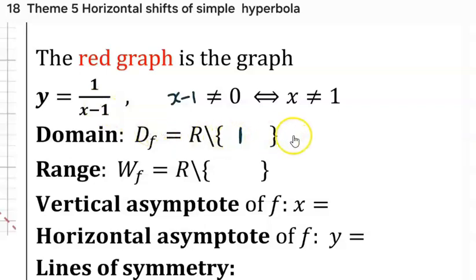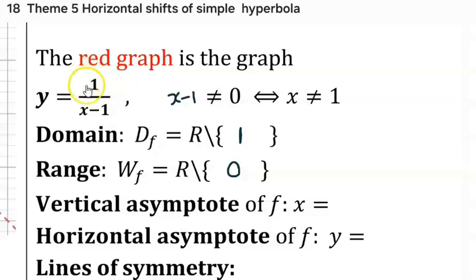But for the range, since the numerator cannot be 0, I must exclude the 0 from the range. So I can never have an answer of 0, no matter what x value I use, for y equal to 1 over x minus 1.